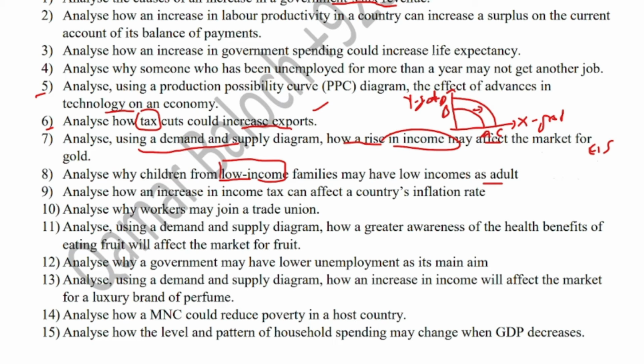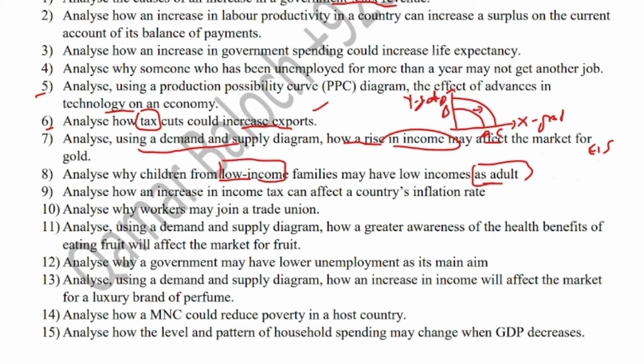They also have less income to invest in business, so they can't initiate new businesses to earn and grow more. As a result, they remain unemployed and don't have any kind of business. So as adults, they also earn less income.